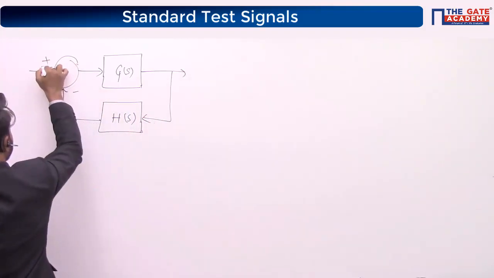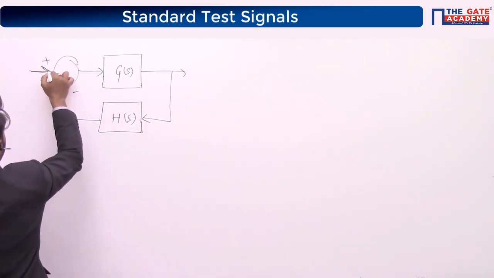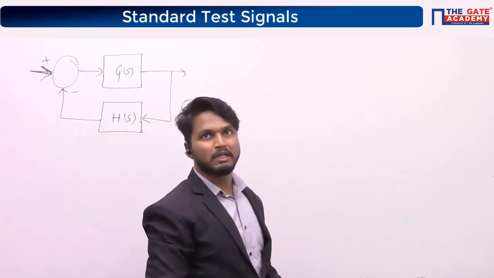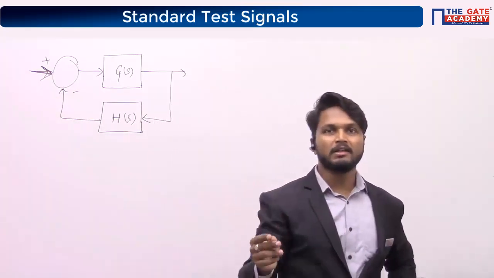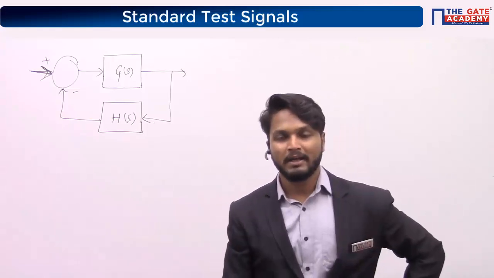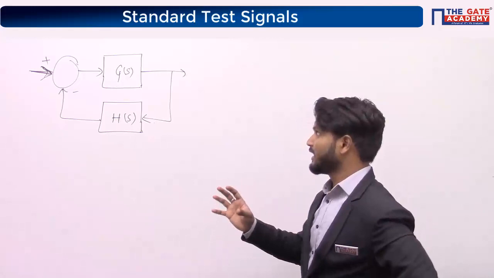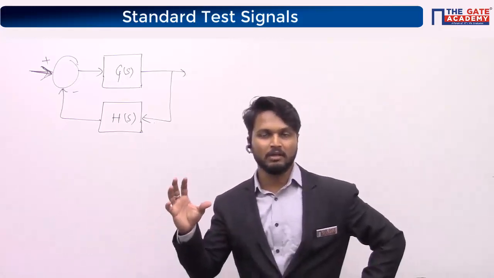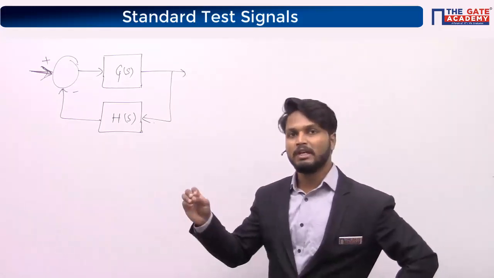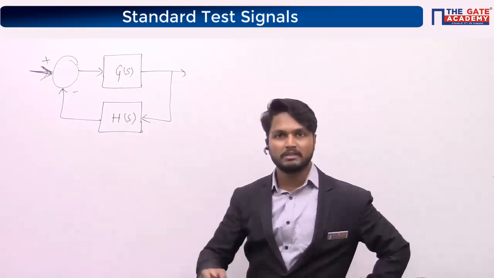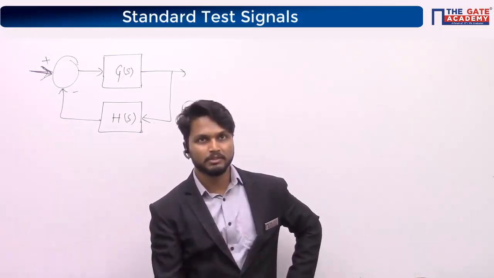So we generally use negative feedback systems only, right? Wherever we talk about a closed loop system without stating the type of feedback, we are speaking about a negative feedback closed loop system.